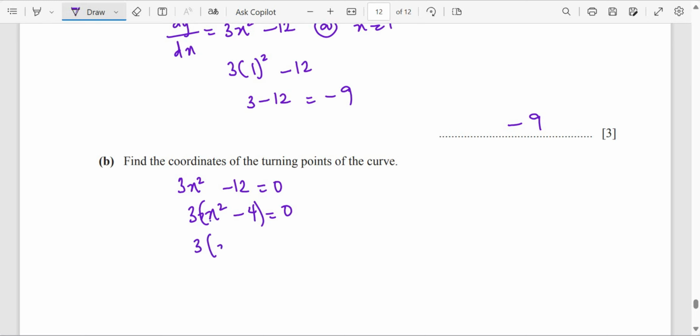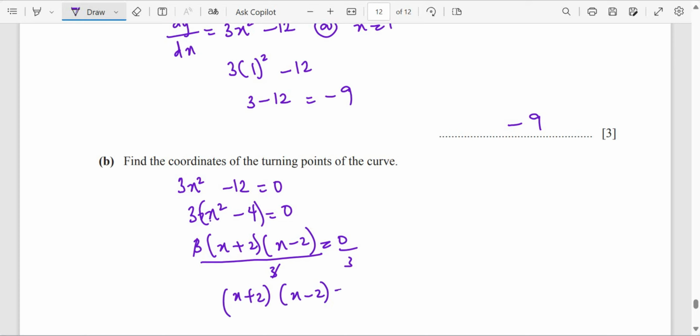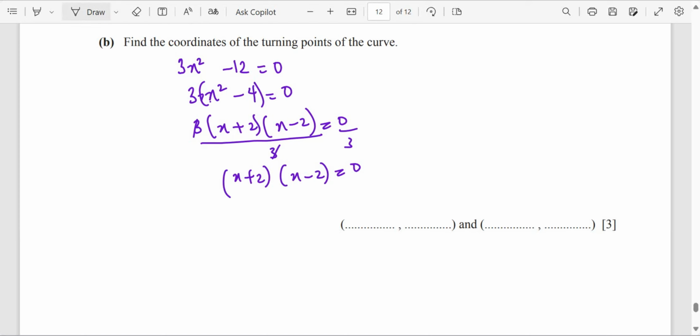What I have here is a difference of two squares. First, I divide through by 3. So x plus 2, x minus 2 equals 0. Alright, so we solve. That means x is 2 or x is minus 2.